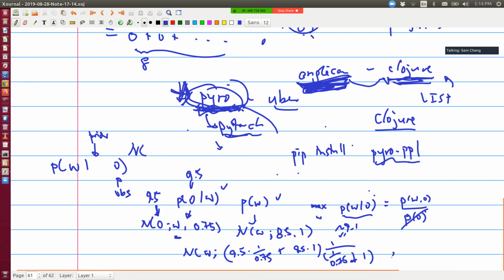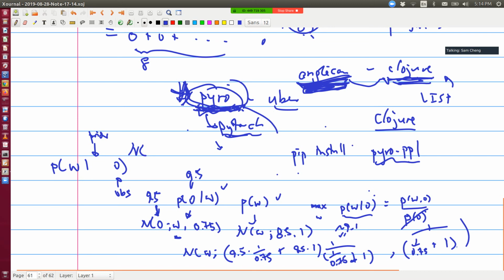And then we can even know the variance, right? The variance is equal to the sum of the precision. So it's equal to 1 over 0.575 plus 1, and take 1 over that as the variance.